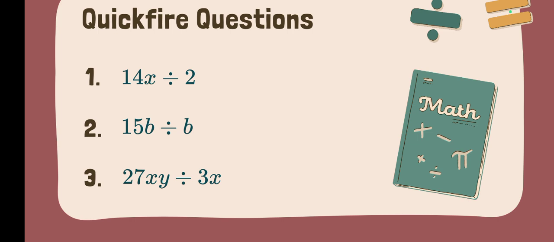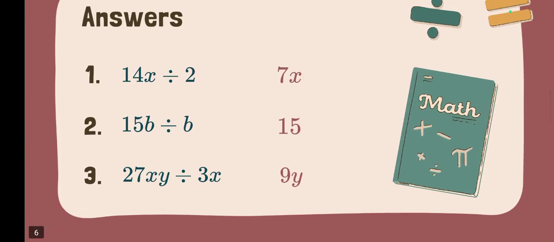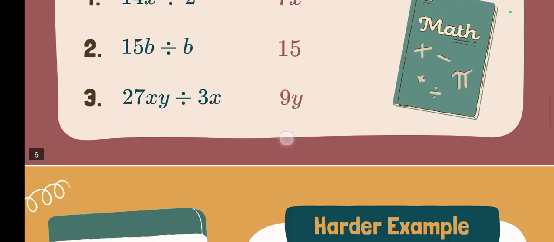So you will be left with 9y. Hope all of you got this answer, and the answer key is here. You can screenshot the above questions and the answer key so that you can later know whether you have done your answers in the right way or not.